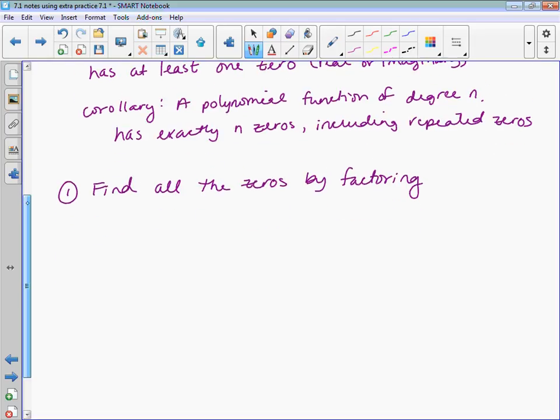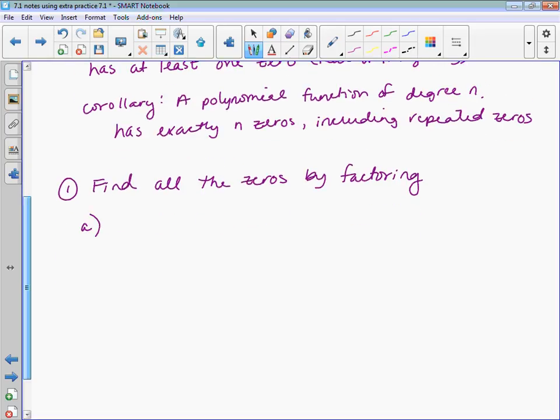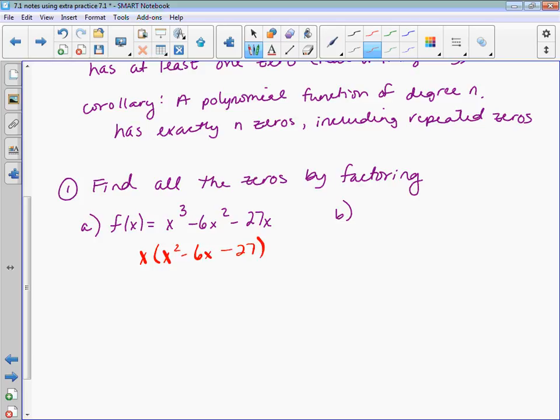All right, so now we're going to find some zeros by factoring. The first one, we've got f of x equals x cubed minus 6x squared minus 27x. So how do you go about factoring that? Take out an x, okay. And I'm left with x squared minus 6x minus 27.